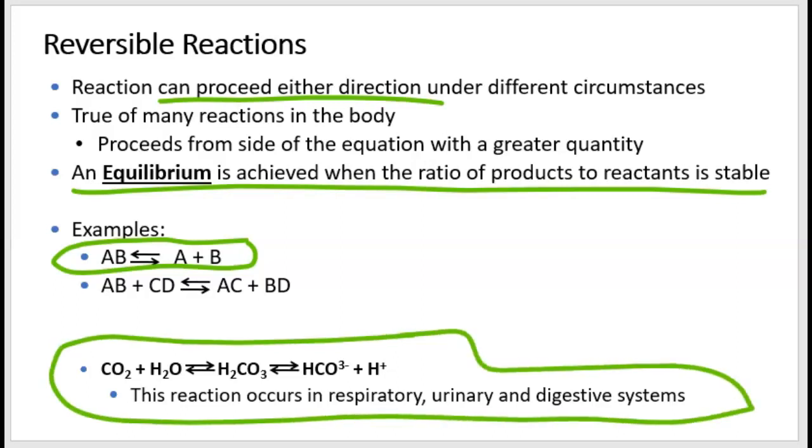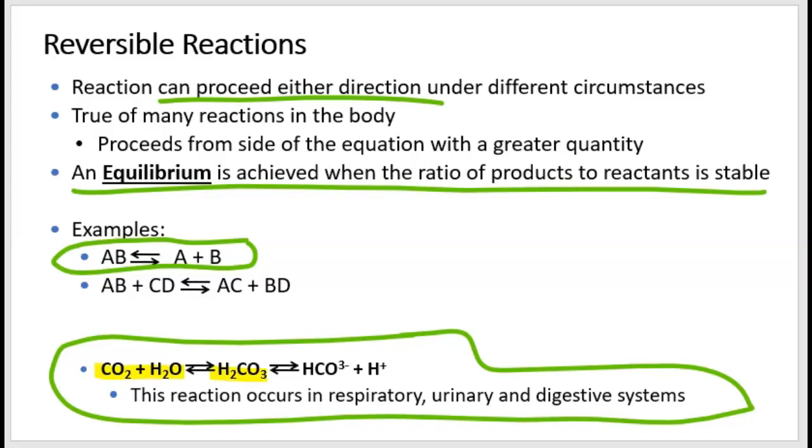One place where this concept of a reversible reaction and reaching equilibrium is really important in the human body is the respiratory system. All of our cells make CO2, which is taken up into our bloodstream, and in our bloodstream we have water. So CO2 is always exposed to water, and it combines with water to form carbonic acid.